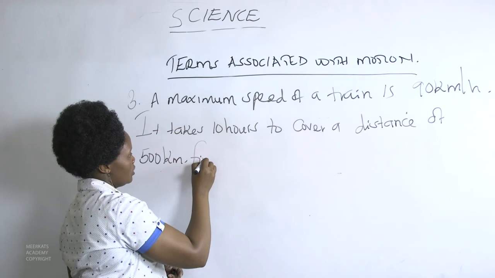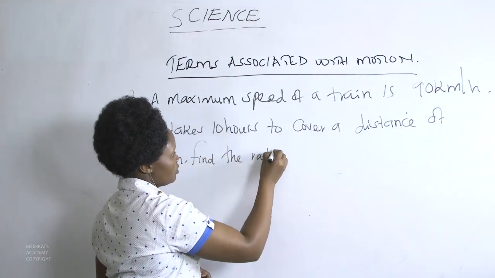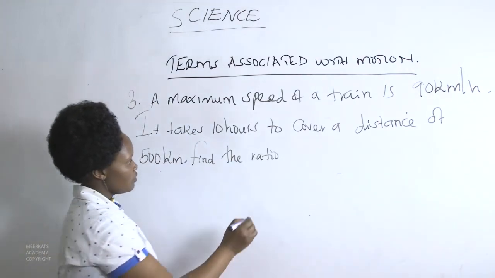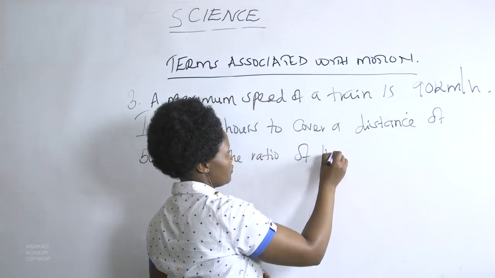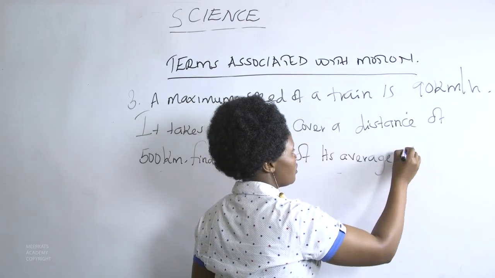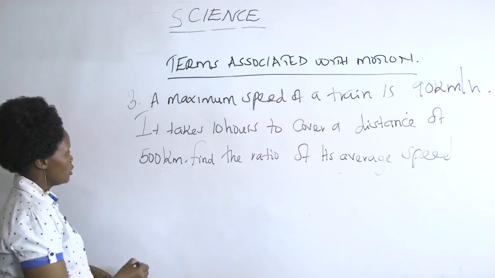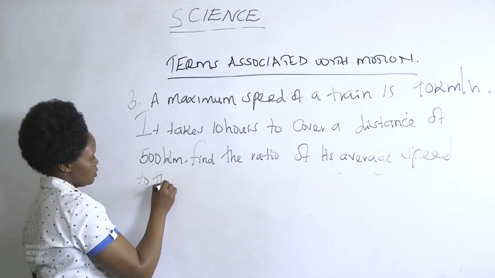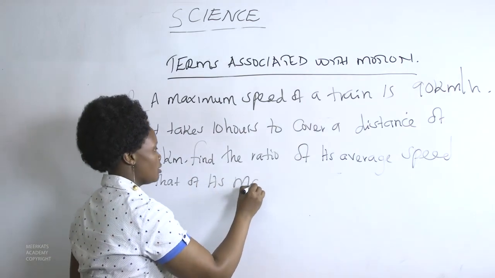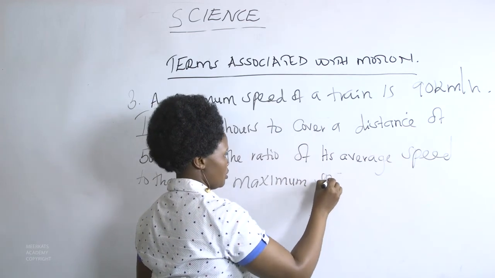Find the ratio of its average speed to that of its maximum speed.